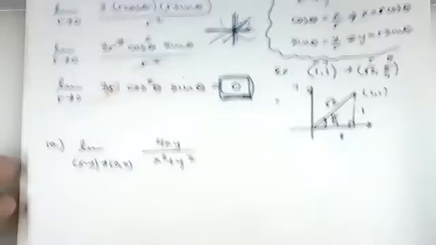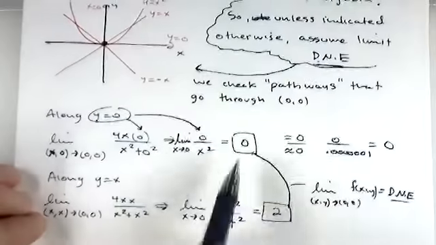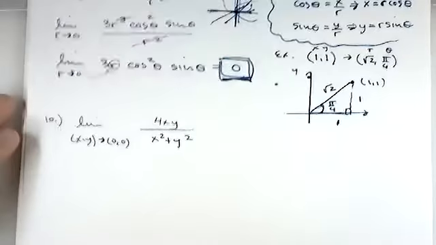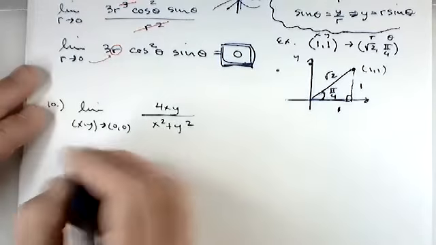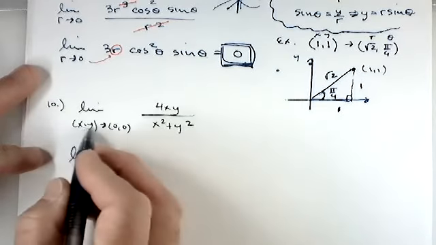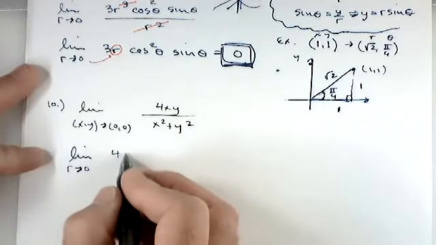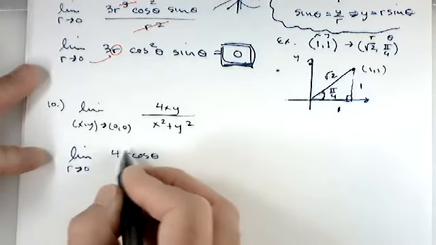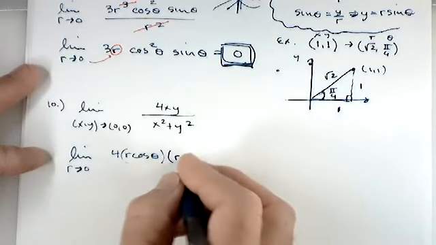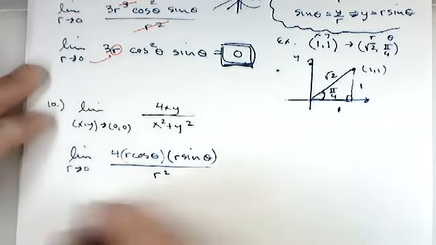And just one more here. I think that was my problem I did a couple problems ago. Yeah, we already did this limit, and we were able to show with pathways that the limit doesn't exist. Let's see how this works with polar coordinates. Once again, approaching the origin is the equivalent to r just approaching 0. And if I plug in my conversions, x squared plus y squared equals r squared.